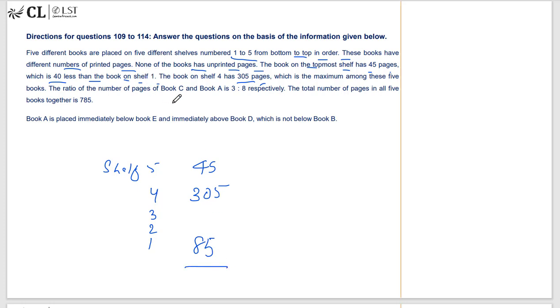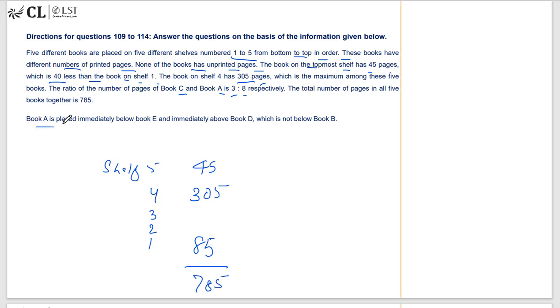The ratio among the number of pages of book C and A is 3 is to 8. So we still need to find out where book A and C are. The total number of pages in all five books together is 785. So this is data here.